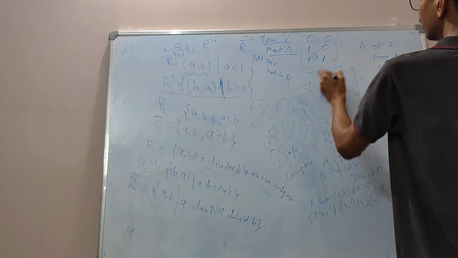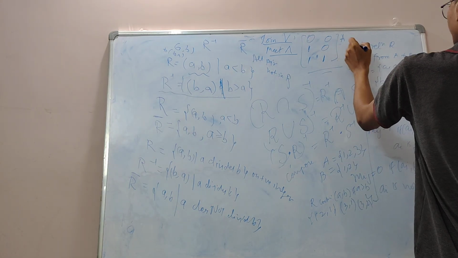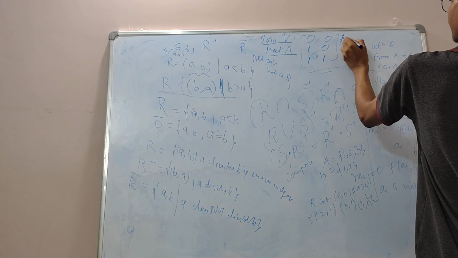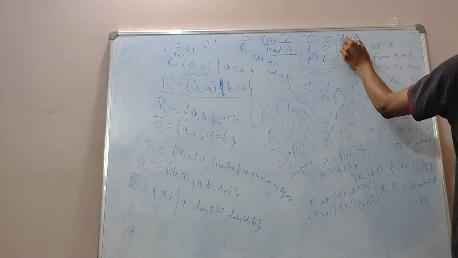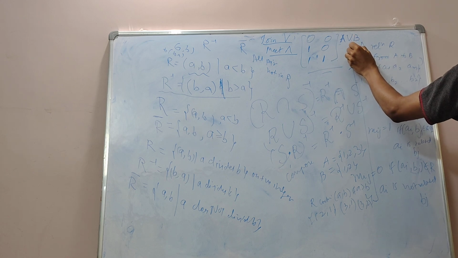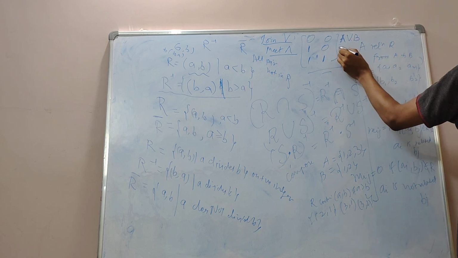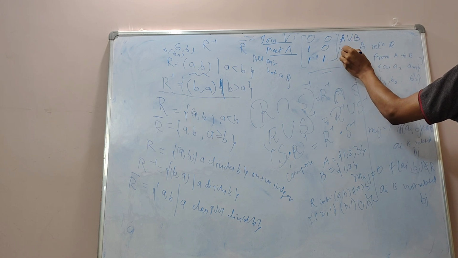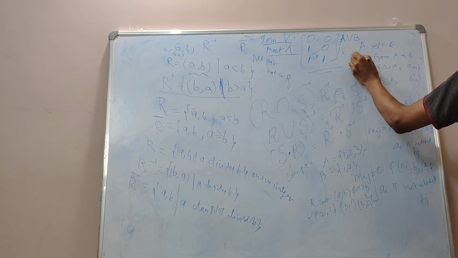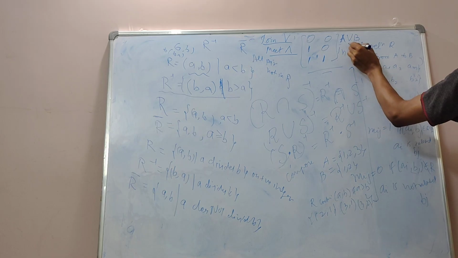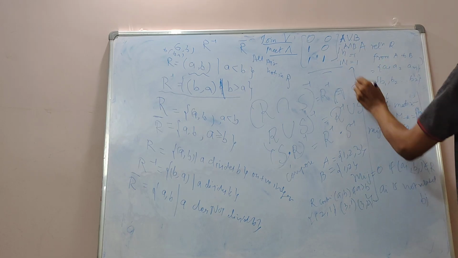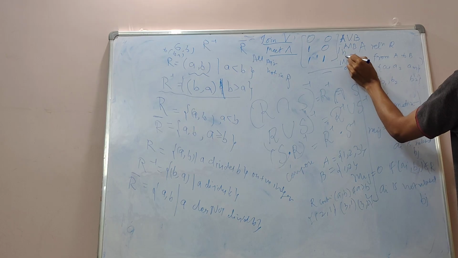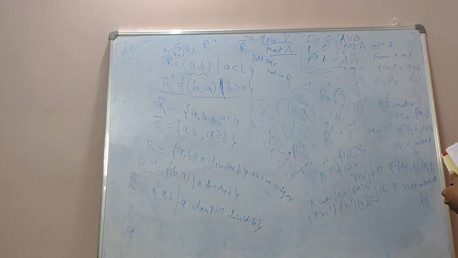Suppose I have to join matrix A with matrix B, so I will write A or B element-wise, and this 1 or 1 will give 1. If this was A meet B, then 1 and 1 will also give me 1. If it was 0 here, it will give me 0, and for join, if it was 0 here, it will give me 1.